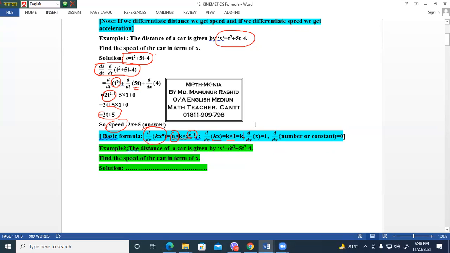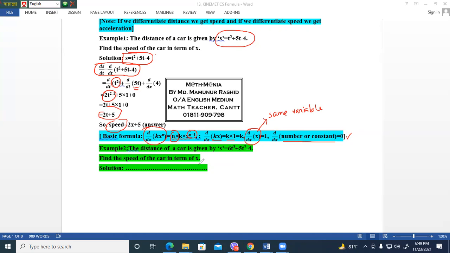And d by dx of x equals 1, the same variable. The number or constant differentiates to 0.